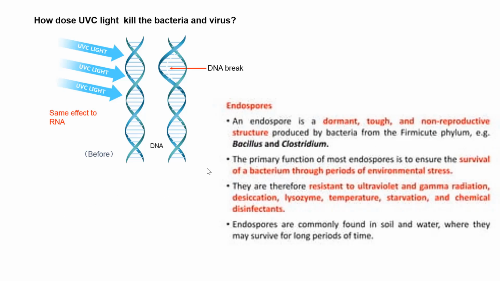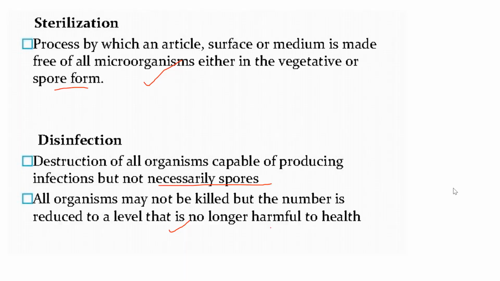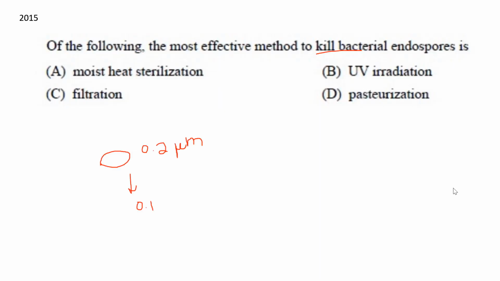Therefore, they are resistant to ultraviolet and gamma radiation, desiccation, temperature, starvation, and chemical disinfectants. So here it is clearly mentioned that they are resistant to ultraviolet and gamma radiation, so this method is also ineffective. The only method which can kill the bacterial endospore is moist heat sterilization. So option A is the right option.